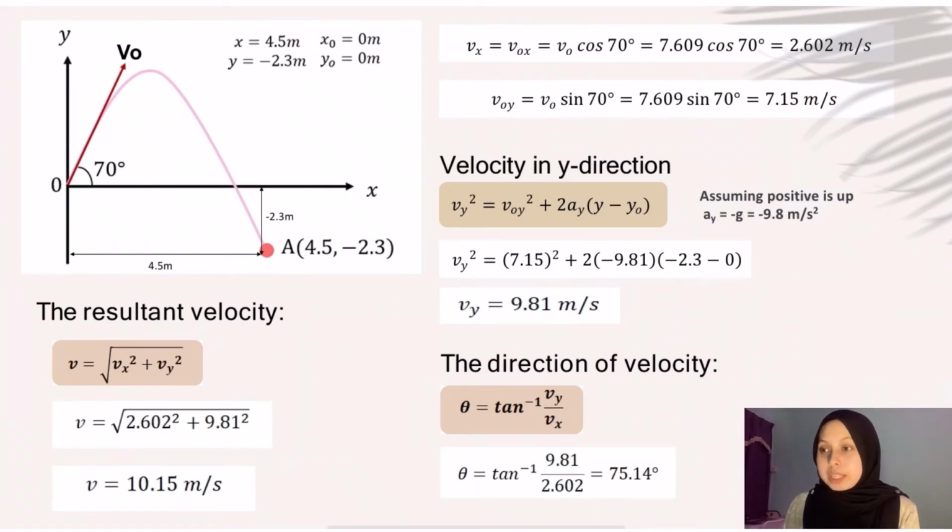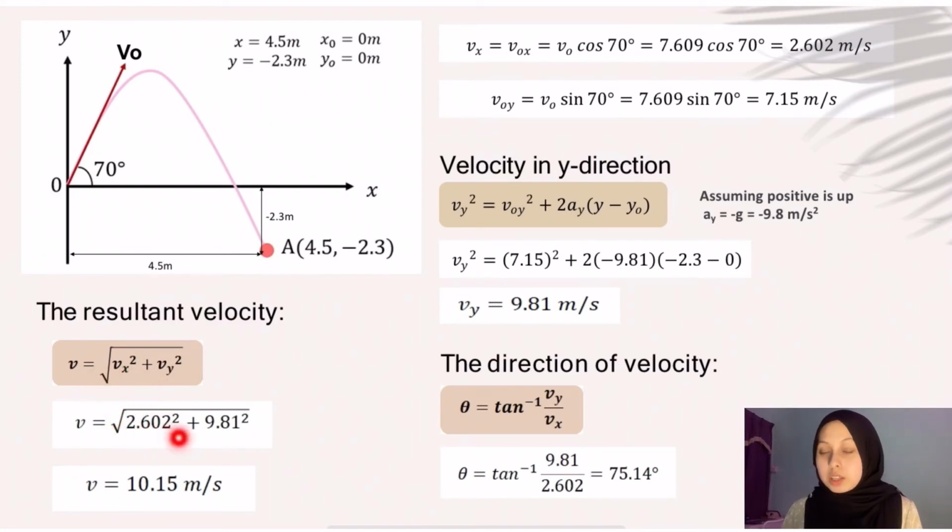In order to obtain the velocity in the y direction, we will use this equation, assuming positive is up, where ay equals negative g, equals negative 9.8 meter per second squared. We will obtain the value of Vy equals 9.81 meter per second. The resultant velocity can be obtained by using this equation.